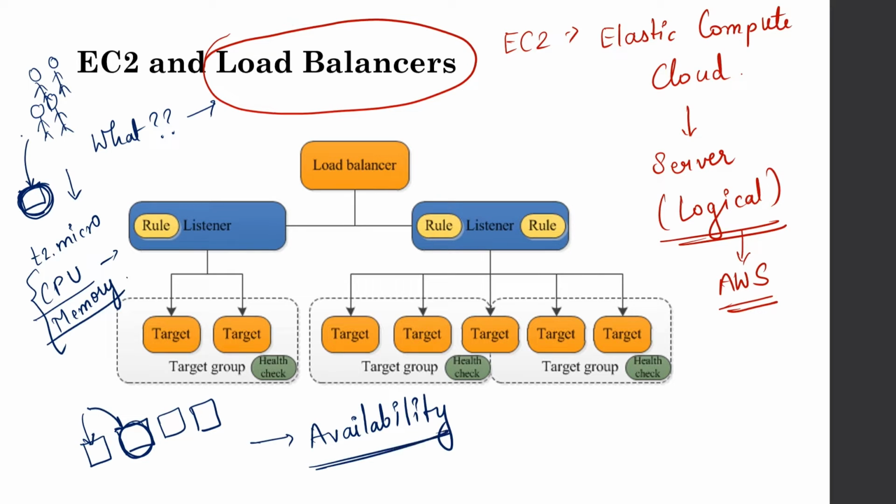Now in order to distribute the work equally, or we can say according to the capacity and usage, what the application load balancer or just the load balancer does is, now suppose this server is busy, this one is also busy, in fact this one is also overflowing with the requests, and this one is idle.